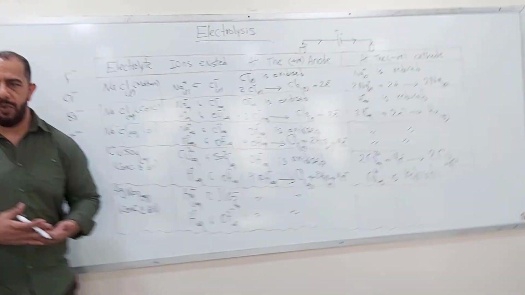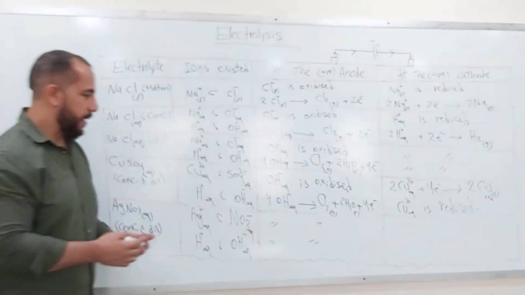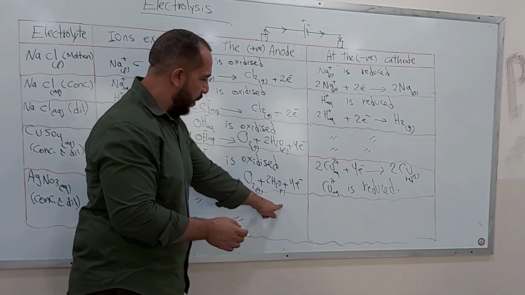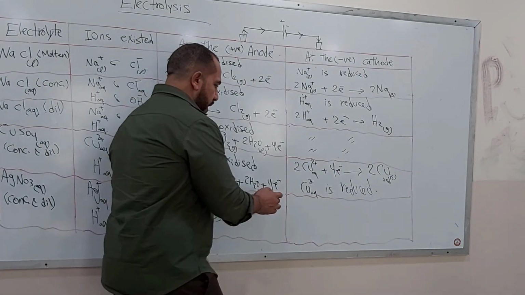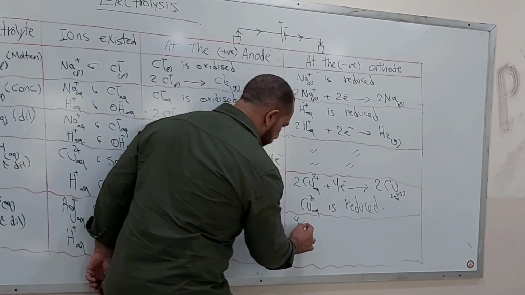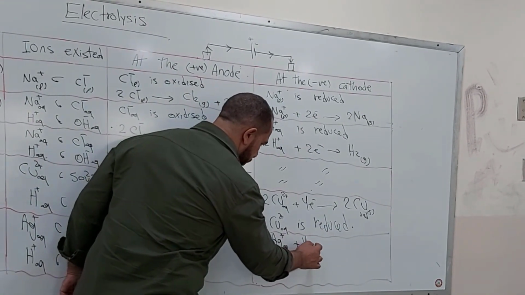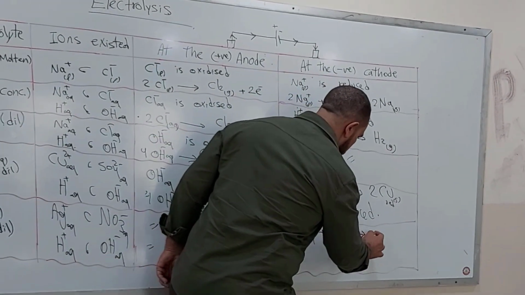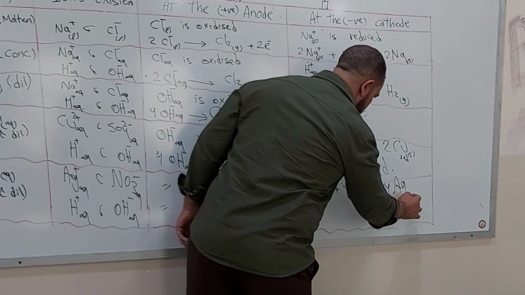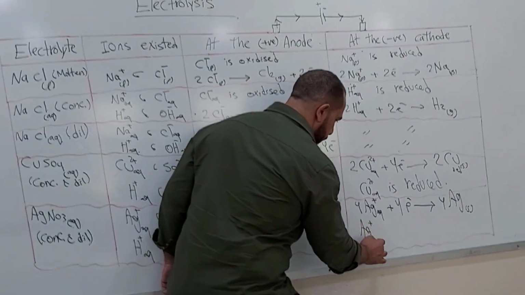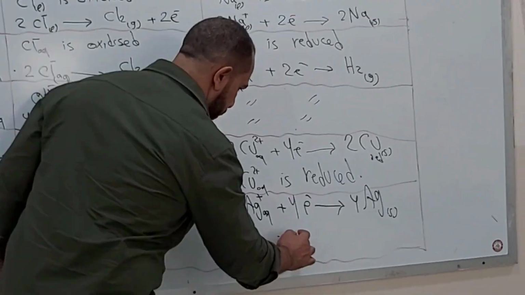Which one is more likely to be reduced? Ag. Exactly. Ag is below hydrogen. And because here, remember, we have 4 electrons, so we have 4 Ag⁺(aq) plus 4 electrons to form 4 Ag solid. This is silver color. And we say here Ag⁺(aq) is reduced.